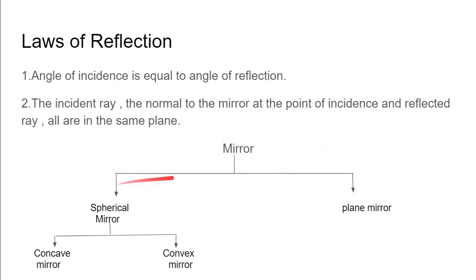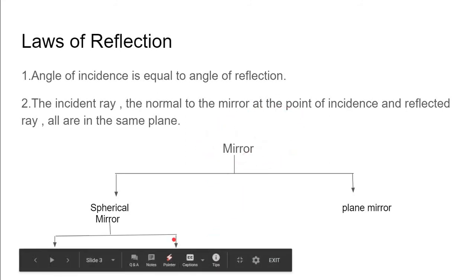Here we'll study different types of mirrors, which are spherical mirror and plane mirror. Spherical mirrors are of two types: convex and concave mirror.